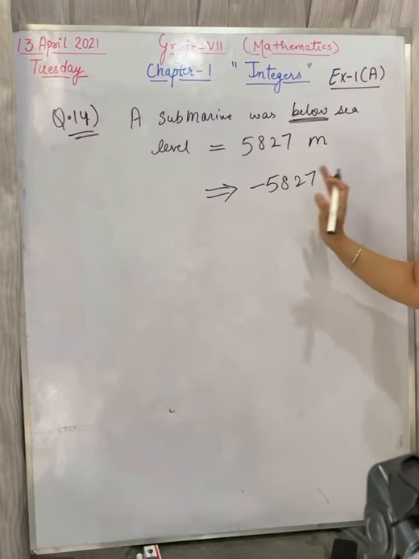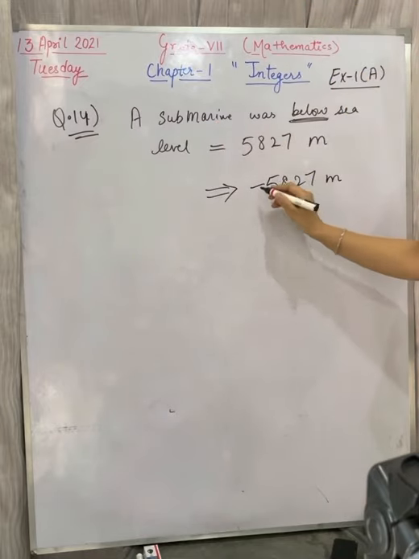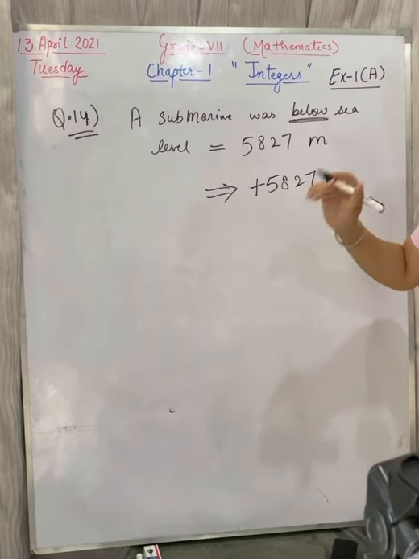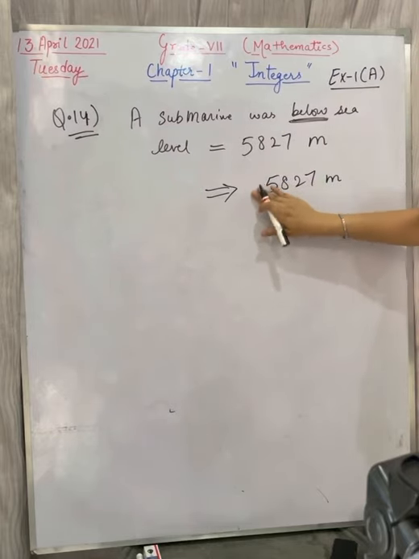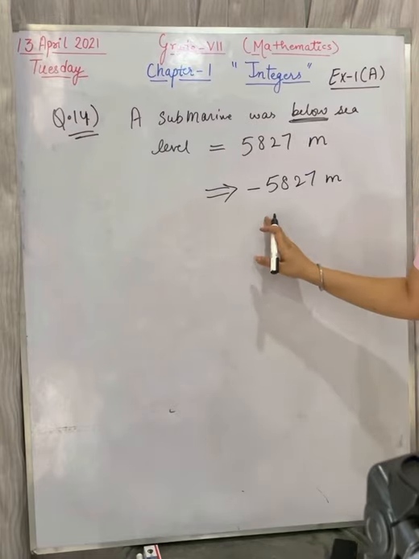If it is above the sea level, you can write plus 5827. If it is below the sea level, you have to write this value in the negative way. Is it understood by everyone?